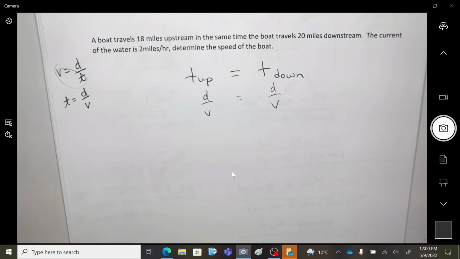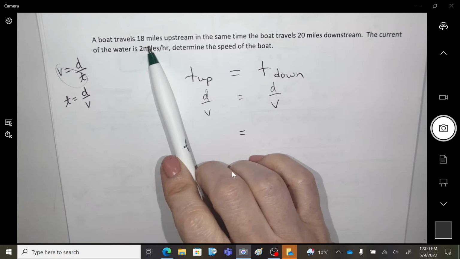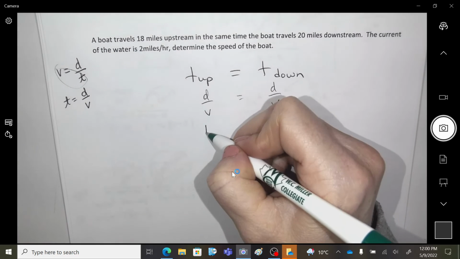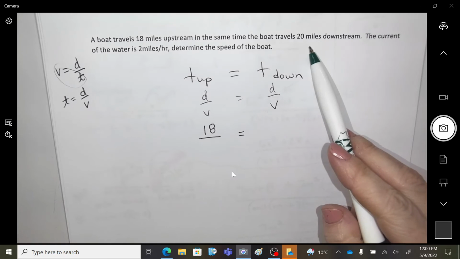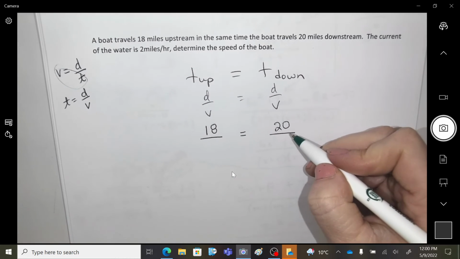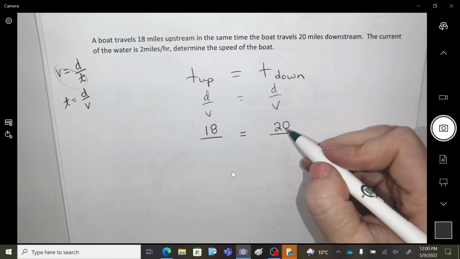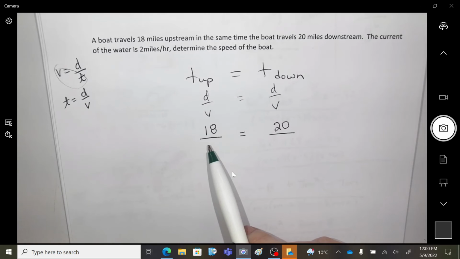Okay, now we're going to fill in what we know. It travels 18 miles upstream, 20 miles down the stream. Okay, if you're going up the stream, would you add or subtract?